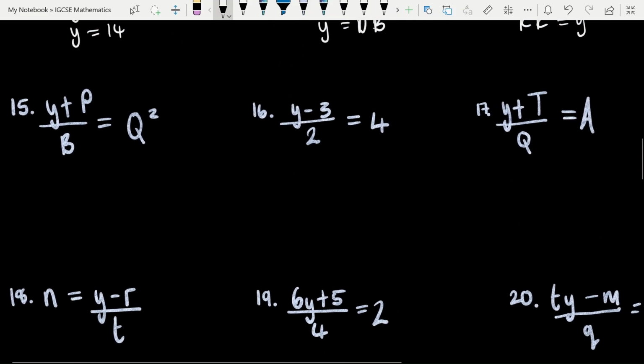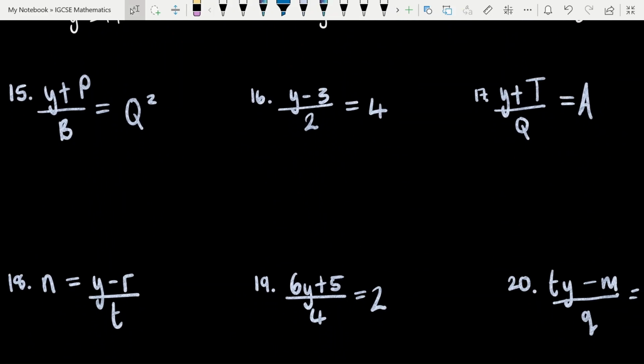Number 15, y plus p over b is equal to q squared. Well, first thing I know is that my subject, which is y, is in a fraction. I'm going to have to break that fraction because b is dividing everything on the top, both y and p. So y plus p, all of them are being affected by this b. So I'll start with him. I take him to the other side.